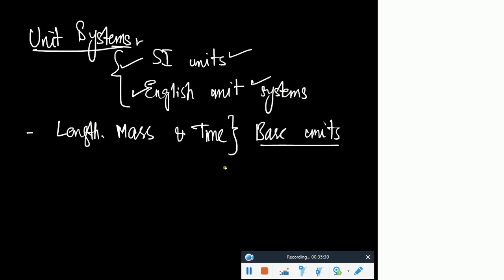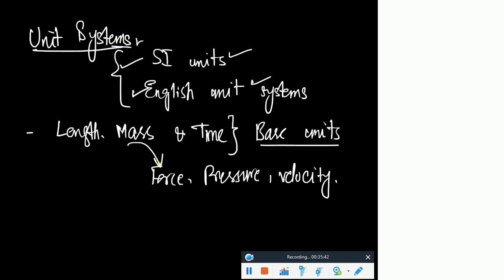Because all the other quantities, just like force, pressure, velocity, acceleration and all other things, are derived from these three base units. Till the time you go to some other field, for example electricity, then you need to define electrical current. Okay, so these are the things. And similarly if you go to thermodynamics, you need to define temperature. So temperature would become a base unit in the field of thermodynamics.